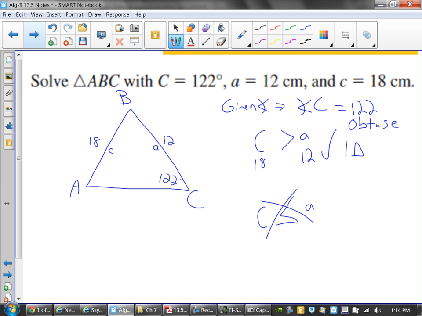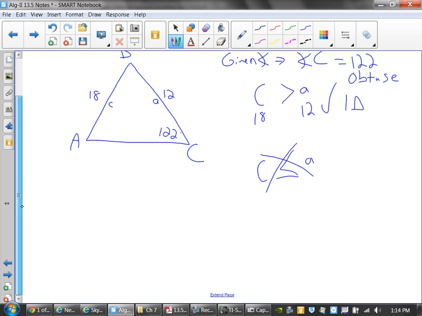So here's what we do. Does everybody agree that the side that we're given and the side opposite are the C's? Yeah. So let's use this to figure out what the angle A is. So I have the sine of 122 is to 18 as the sine of A is to 12.